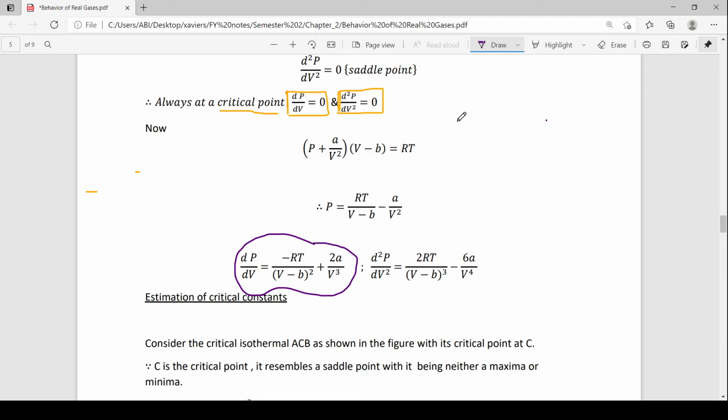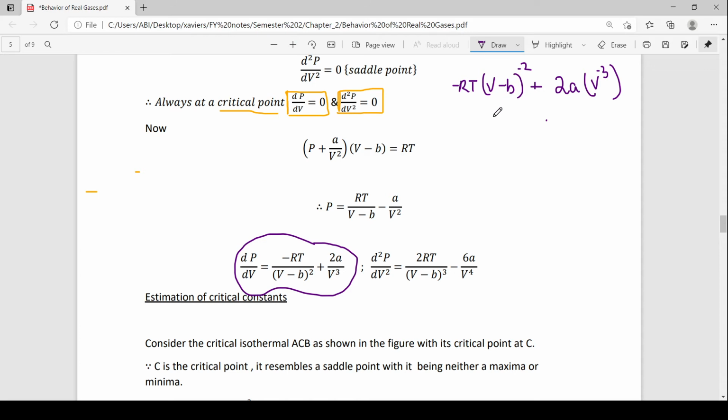So what I get is, I look at this first term, minus RT upon V minus b, which is in the denominator. I can write it as minus 2, plus I write 2a into v, the cube is in the denominator, so I write it as minus 3.